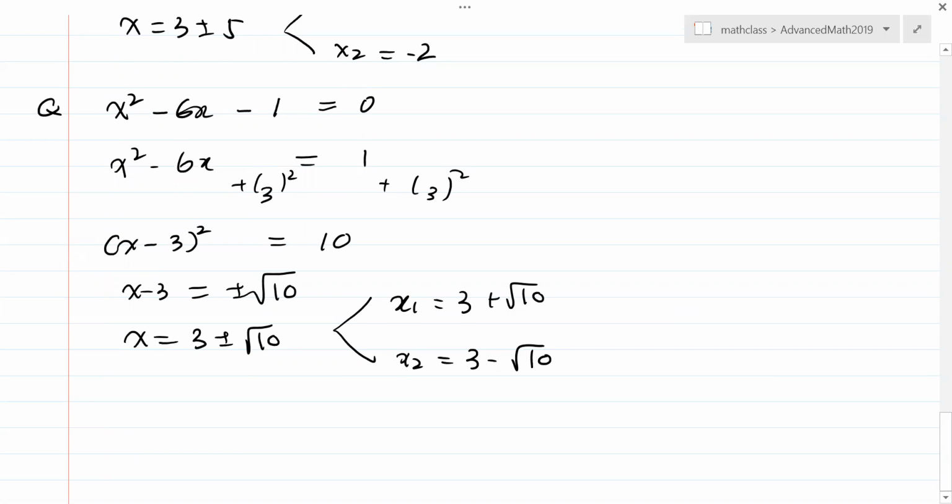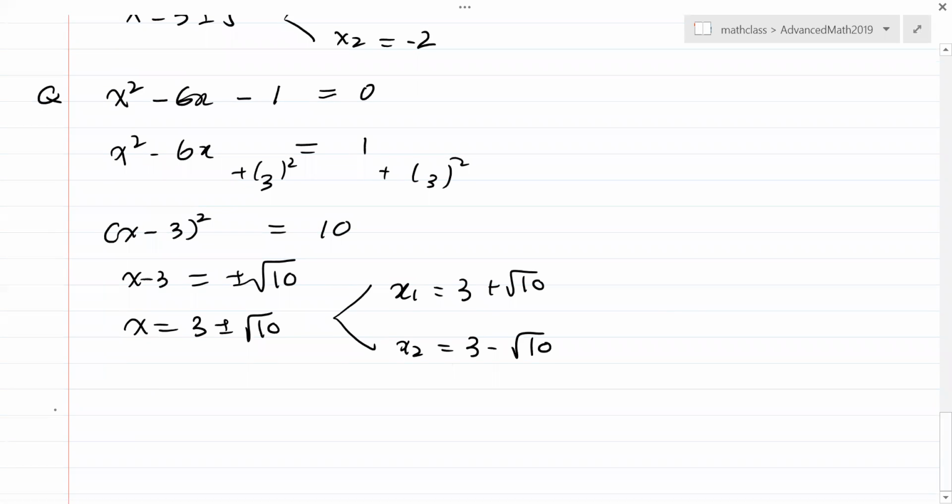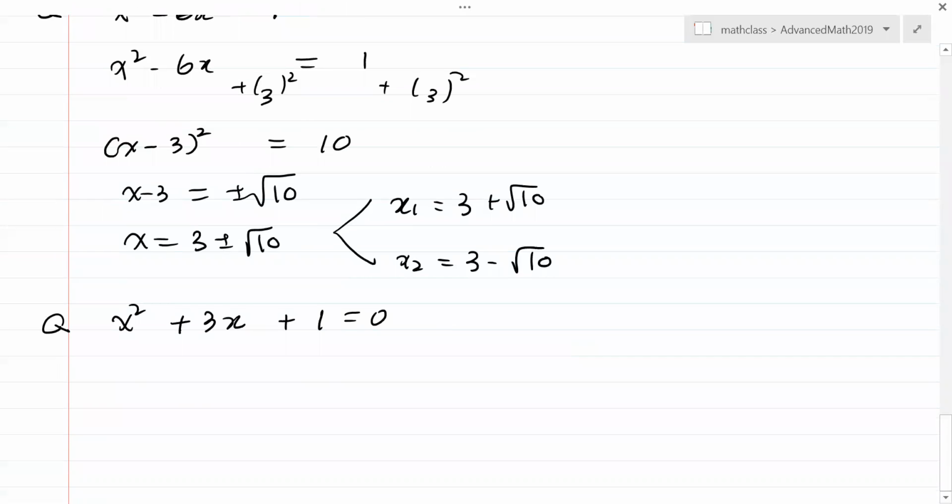So two solutions. Now, sometimes you don't have solutions. For example, let me do a little bit different. Say, for example, if I put 3x here. First of all, let's take a look at this first.